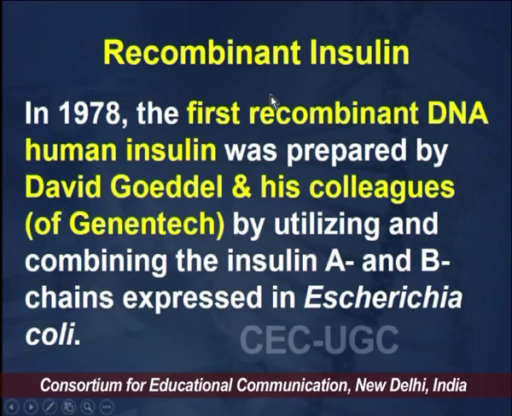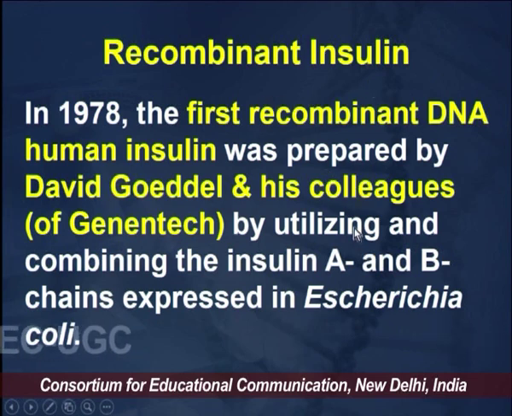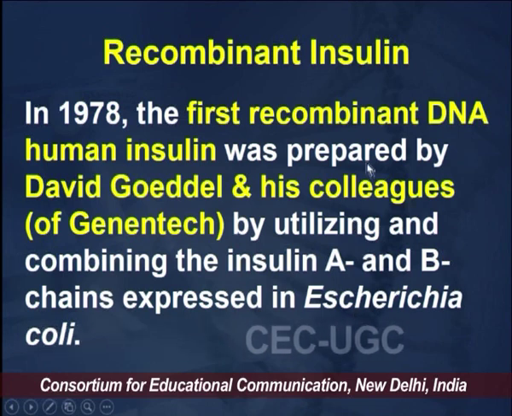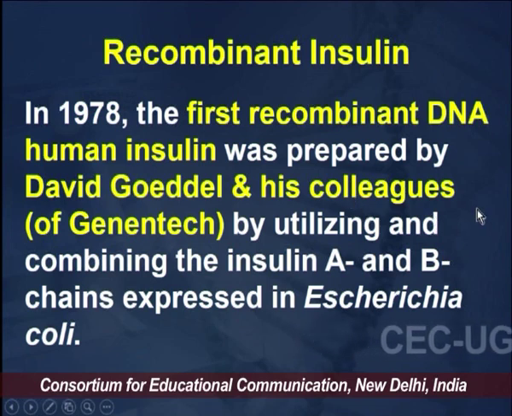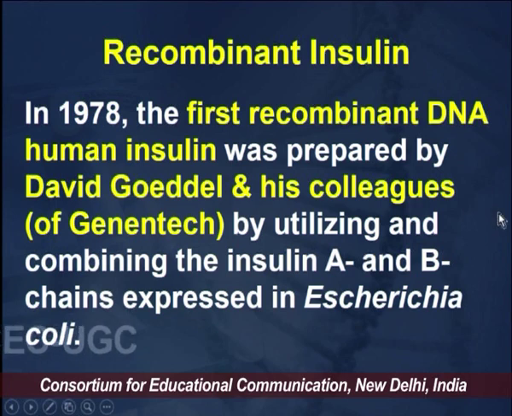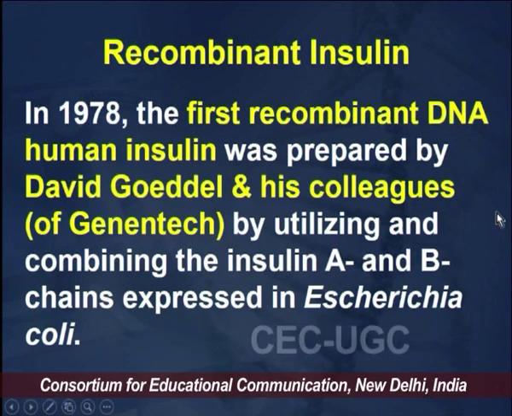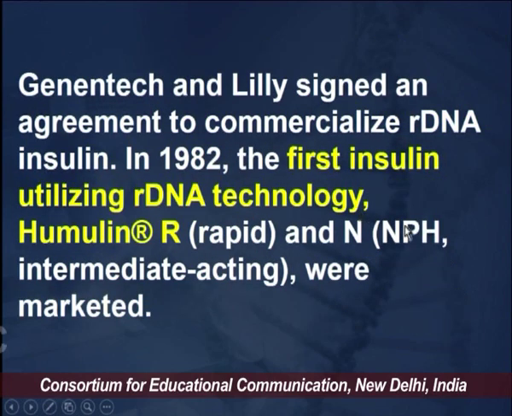They isolated the genes for the A chain and the B chain, processed them, introduced them into plasmids and introduced them into E. coli, and this E. coli finally gave rise to the A chain and the B chain, which were then processed outside the cell and made into active insulin that can be injected into humans. So, this was the first attempt.